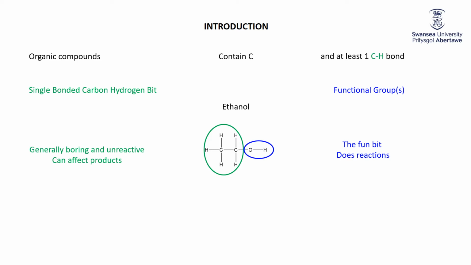It's driven by the differences between what the functional groups do, what reactions they do. And that driving by the functional groups even comes down into the naming part of it. As I'm sure you know, but we'll talk about on the next slide, the eth refers to the boring old green single bonded carbon-hydrogen bit, and then the ol there refers to the alcohol.